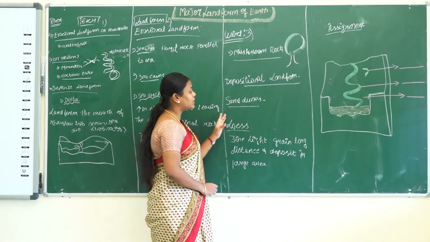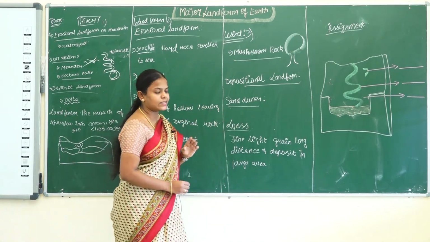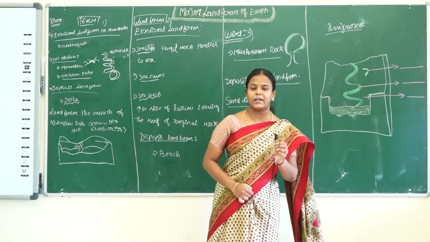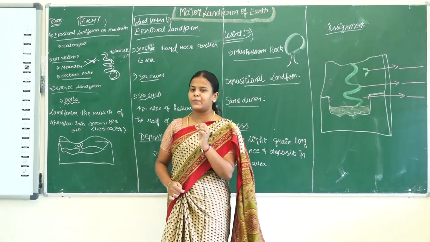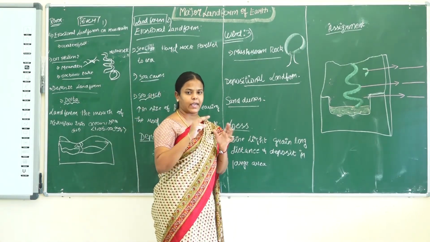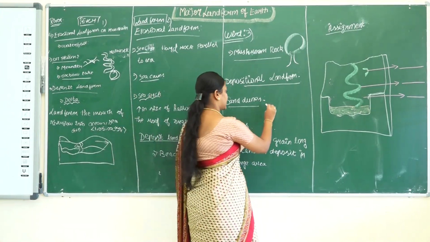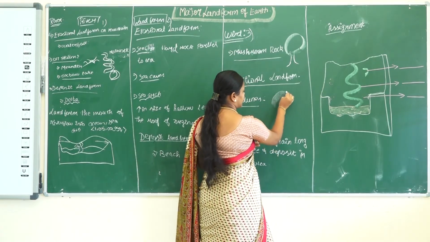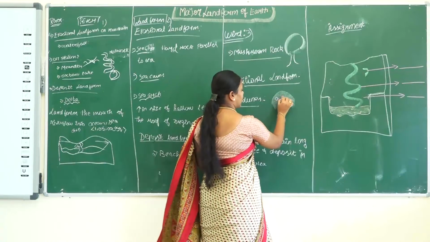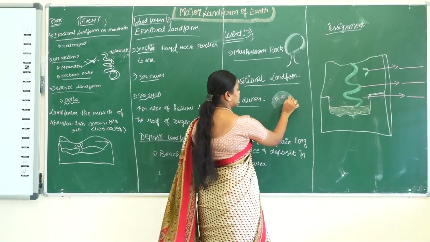Next one is the deposited landform, sand dunes. Coming to sand dunes, the smaller particles are carried by the means of wind and water and deposited like a small hill-like structure, which consists of rocks, grains, and other molecules.